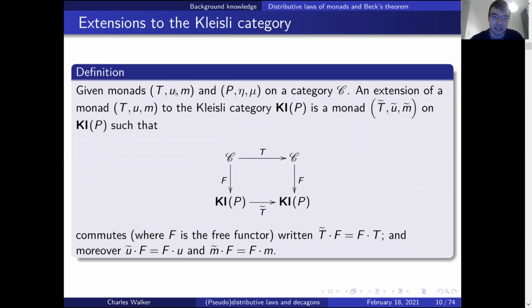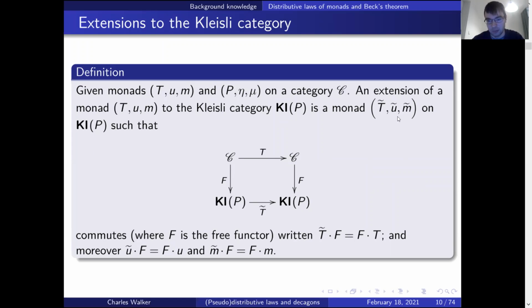Right, so if we're given monads T, eta, mu and P, eta, mu on a category, what does it mean to extend to the Kleisli category? Well, an extension of a monad T, eta, mu to the Kleisli is going to be a monad, let's call it T twiddle, eta twiddle, mu twiddle, on the Kleisli of P, such that this diagram commutes, written, say, T twiddle F equals FT, and the monad data should be compatible as well, right?